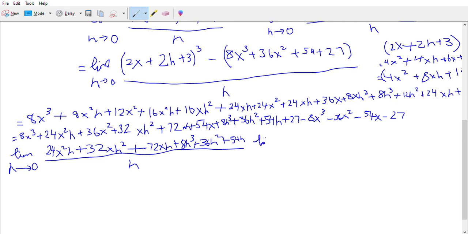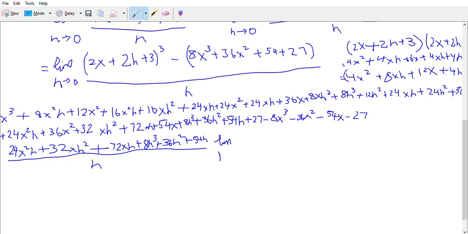So I'm just going to scroll a little bit to the right. So the limit as h approaches 0.